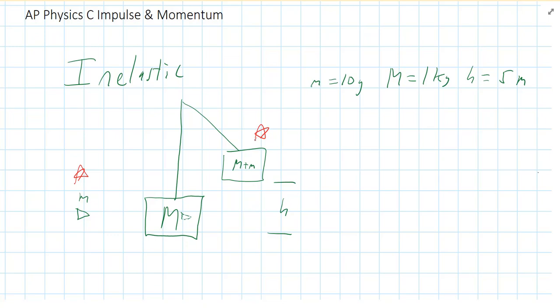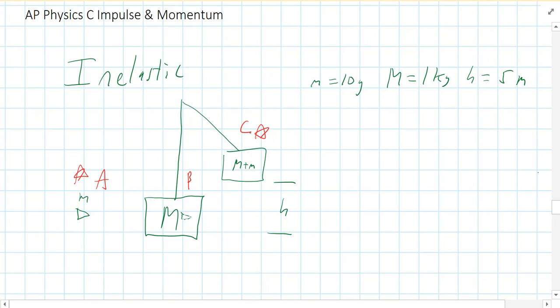Okay. So it turns out this is going to be a two-step problem. Let's call location A before they collided. Let's call location B right after the bullet has embedded itself in the block and the bullet-block combo is now moving together. And then we'll call location C when they stop at the max height.